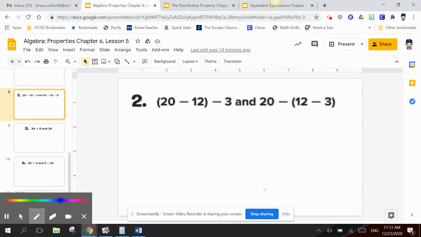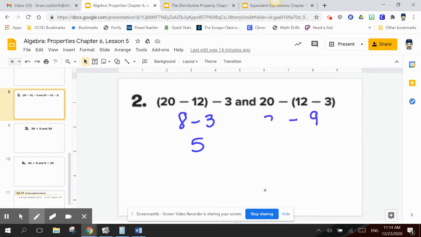We look at example 2. The quantity of 20 minus 12, minus 3, and 20 minus the quantity of 12 minus 3. So again, we do our parentheses first. 20 minus 12 is 8. 8 minus 3 is 5. And 12 minus 3 is 9. So 20 minus 9 is 11.